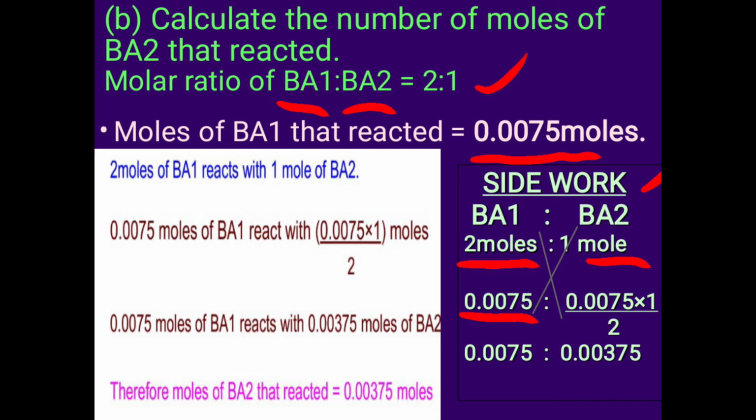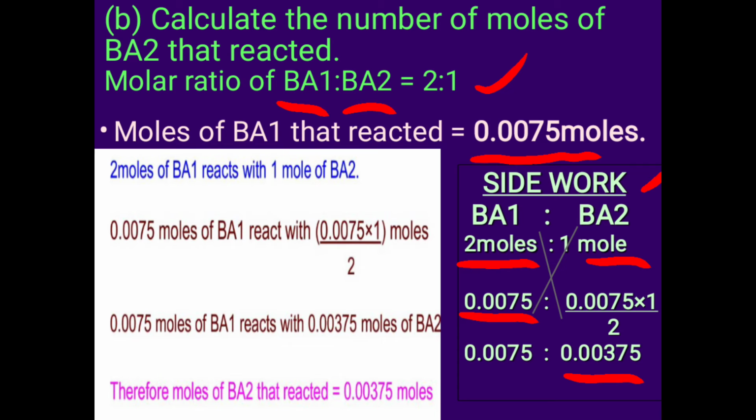So it is a matter of cross multiplying. Get 0.0075 multiplied by 1, then divided by 2. So the end result of our answer is 0.00375. So that is our side work.